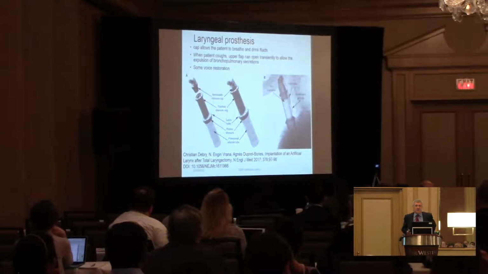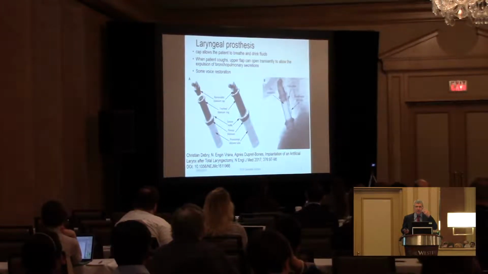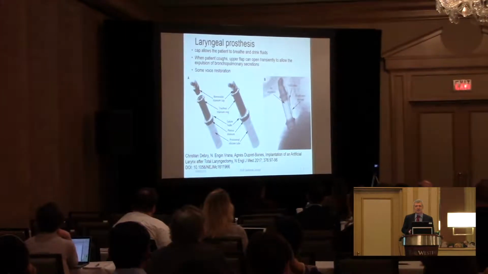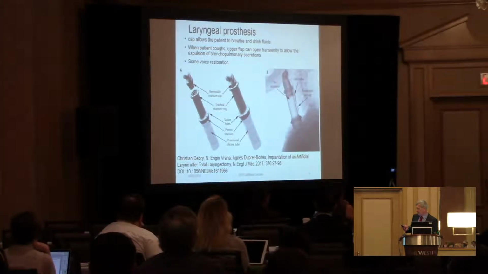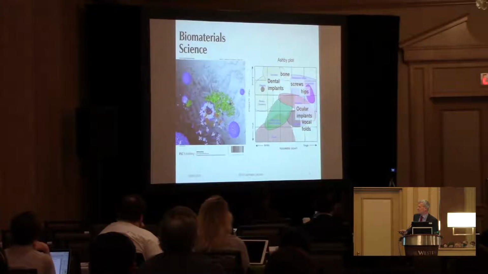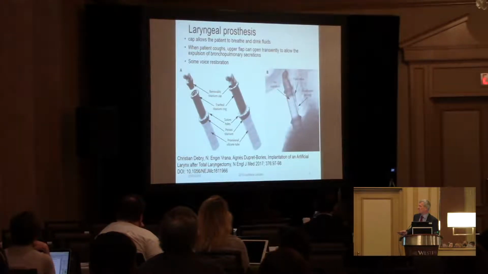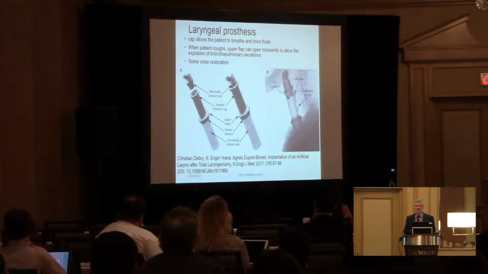Okay, so just to start things off, some of you might have seen recently in the New England Journal of Medicine a report on one of the first implantations of a prosthesis, a total laryngeal replacement, basically.